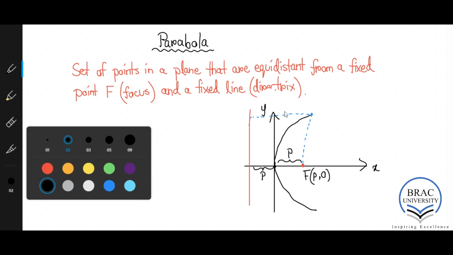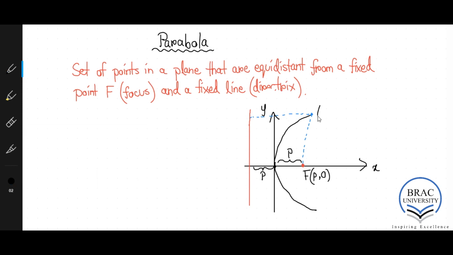So let's say this particular point here is A, and let's say its coordinate is x, y, and let's say this point is M, and its coordinate, as you can see, is negative p on the x-axis and y on the y-axis, as it's the same height compared to A. Let's say the origin is O here, and this is Z. So OZ is equal to OF.